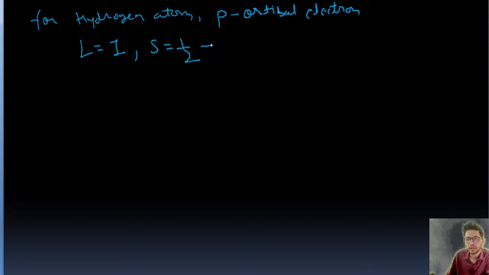So for the p orbital electron, L is 1 and S is half, that is the spin.